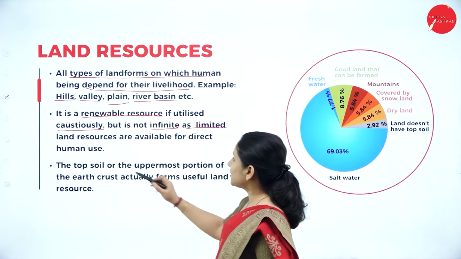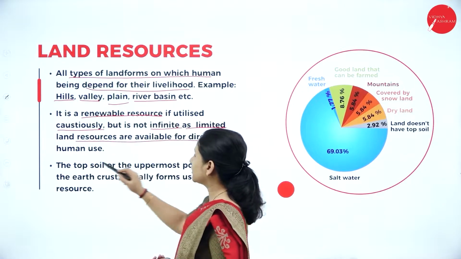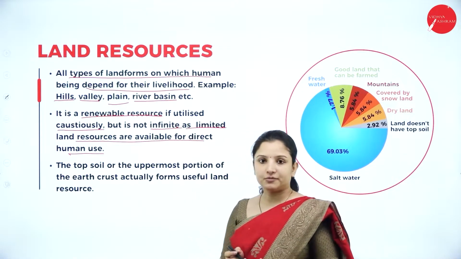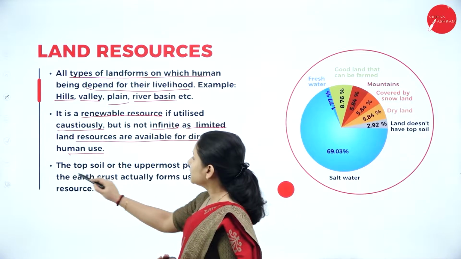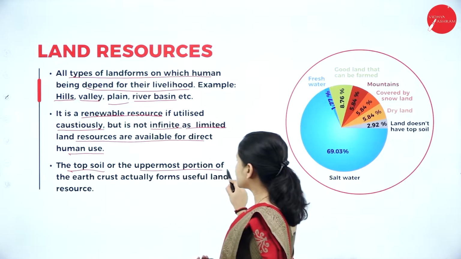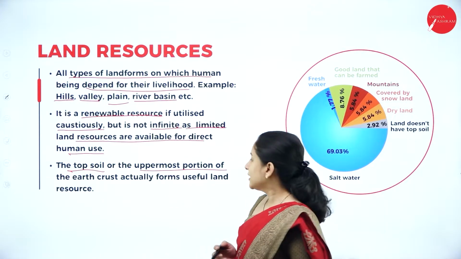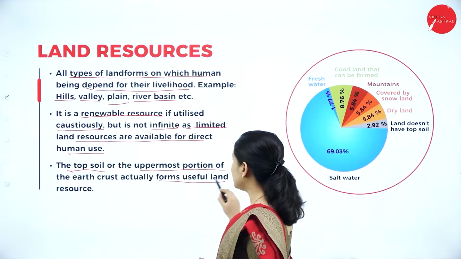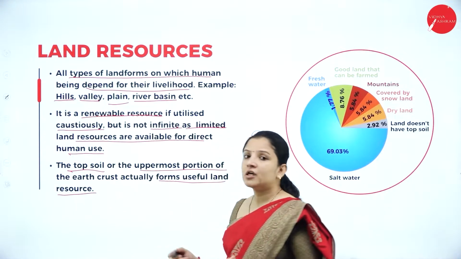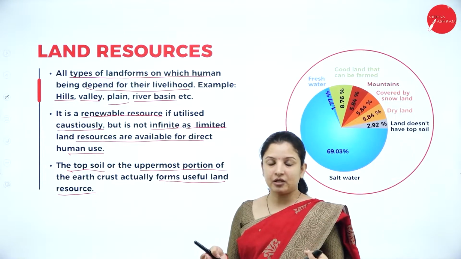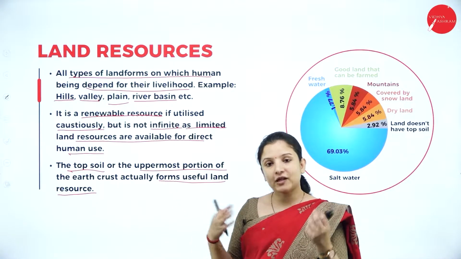Infinite, as limited land resources are available for direct human use. For example, the topsoil, or the uppermost portion of the earth's crust, forms the useful land resources. We may have an amount of land that is available, but can all that area of land be used?